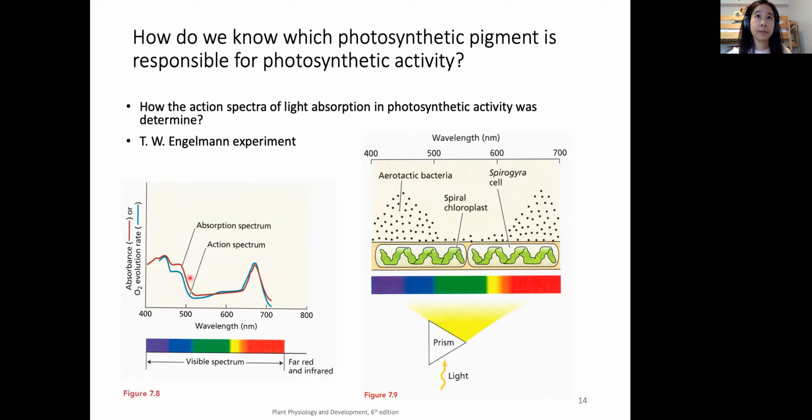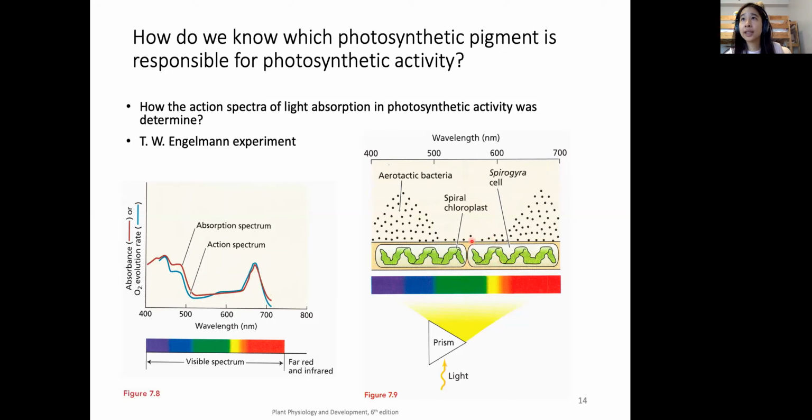You have this much, but not all of it can be utilized by chlorophyll. And how do we know that? About 100 or 200 years ago, a scientist named Engelmann used this technique to gain knowledge.